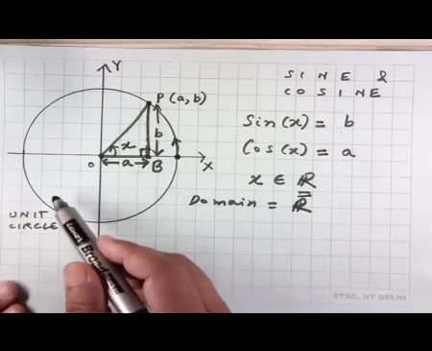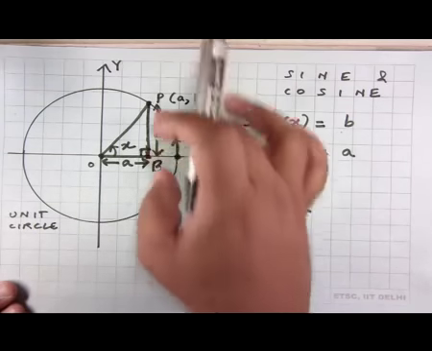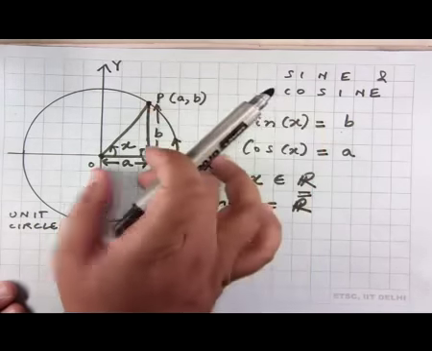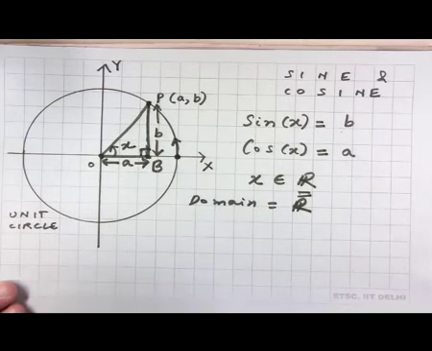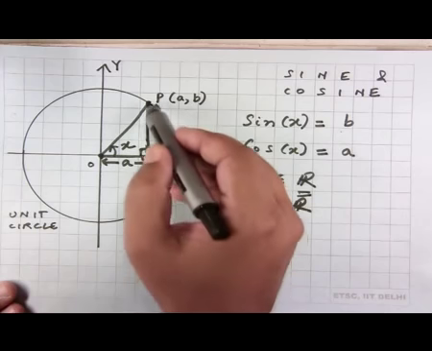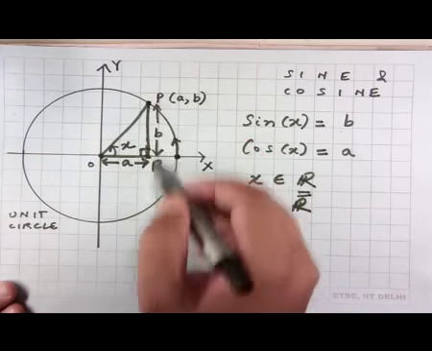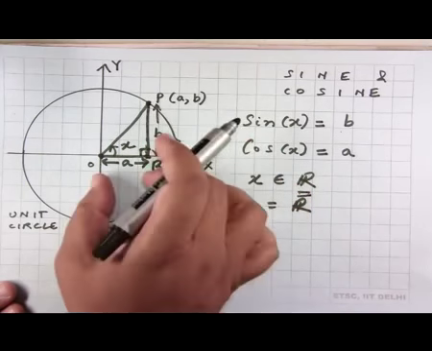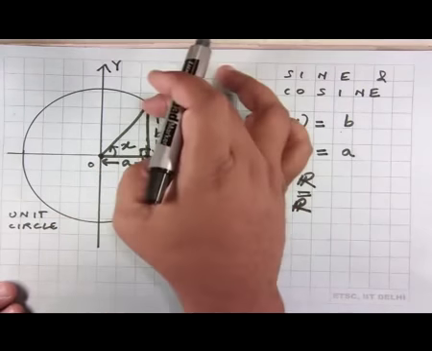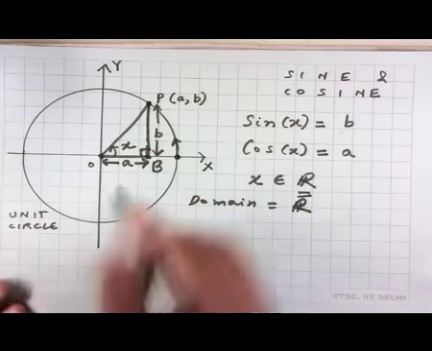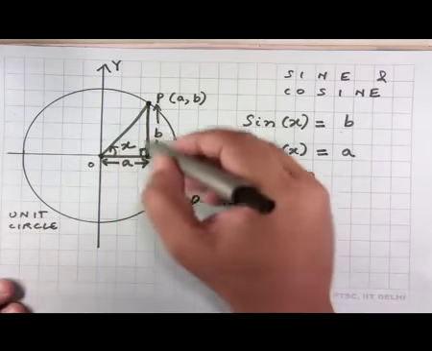But one thing to be seen is that this value of b and value of a for any point P on the circle has to be less than 1. The reason being that this point is on the circle, and since the radius is equal to 1 unit, both a and b have to be less than 1 unit, if you see this right angle triangle here.